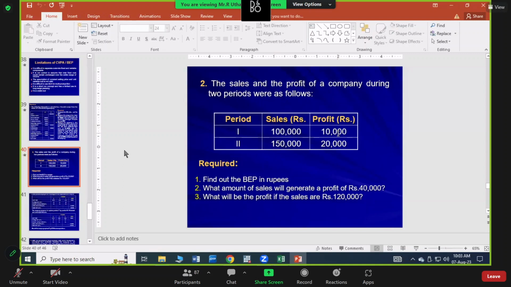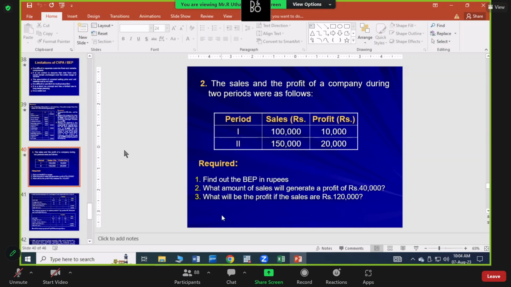When you deduct the total expenditure from the sales, you get the profit or loss. You are not given the total cost, so you know the total cost shall be divided into two for CVP analysis purposes: fixed cost and variable cost.